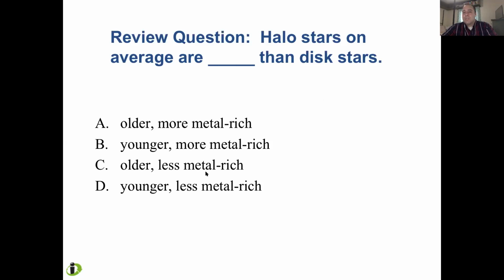To astronomers, things like neon and argon are metals, even though to a chemist, those are the least metal things you can possibly think of. But that's beside the point. That's what I mean by metal rich, though. So the answer is C, they are older and less metal rich. Great.